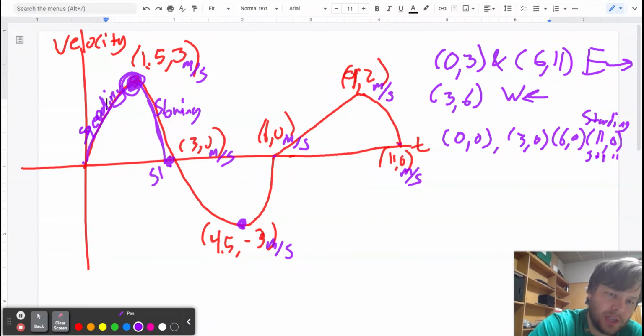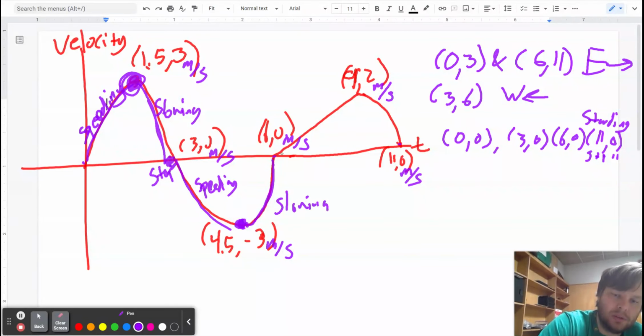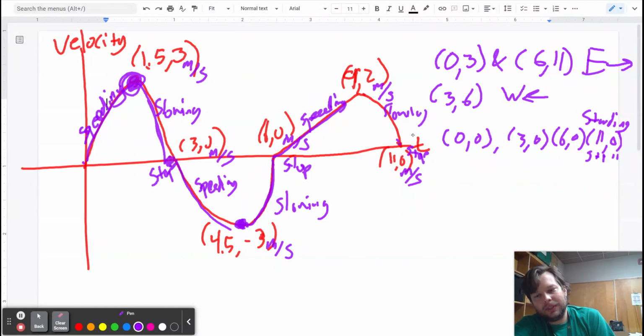Here, we are stopped. Here, we are speeding up again. Even though this is a negative derivative, we're speeding up in the negative direction. Here, we are slowing. Here, stop, speeding, slowing, and stopped. So that's a nice problem for just really understanding the graph.